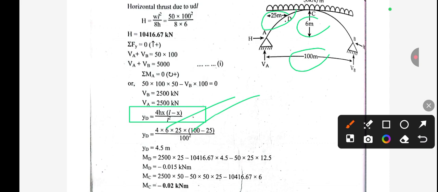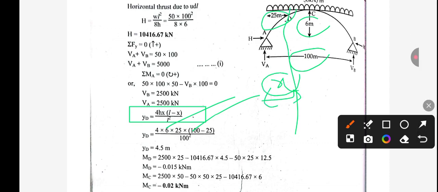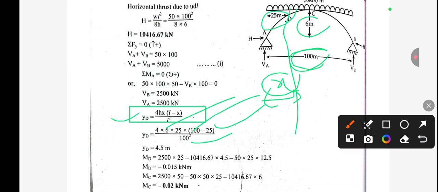And l square means the total 100 square. So the value of y we can easily find with the help of this formula, which is calculated as 4.5 meter.